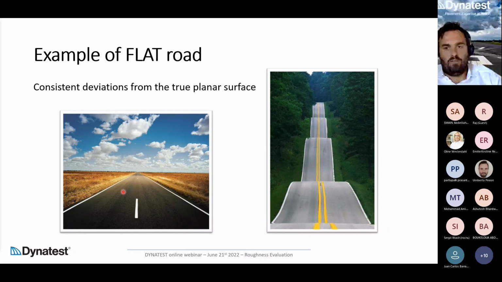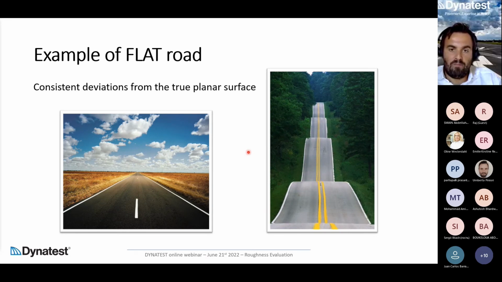After we defined what irregularities and unevenness are, I want to give you an example of a flat road, or what is, in our idea, a flat road. You see two roads that are different in geographic characteristic. One is in a flat land area, and one is in the hills, so there is a sequence of bumps and sags.